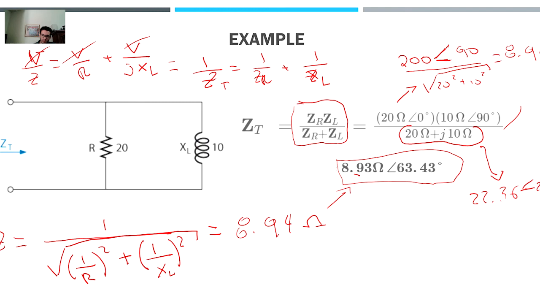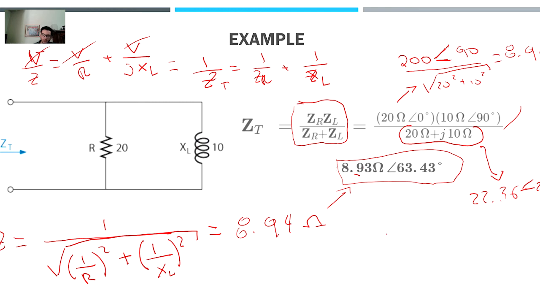Okay, now evidently 200 divided by this number is going to be 8.93, and then 90 minus 26.56 is 63.43. So this is how you get this value.